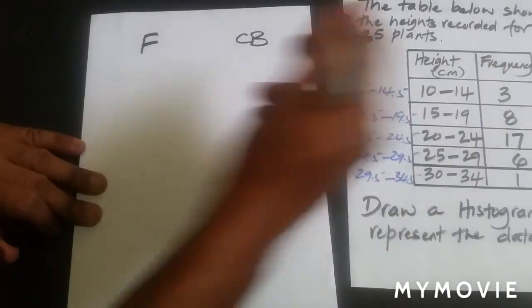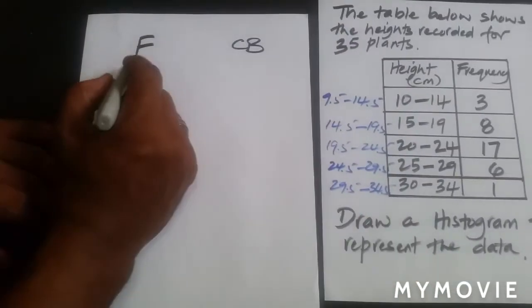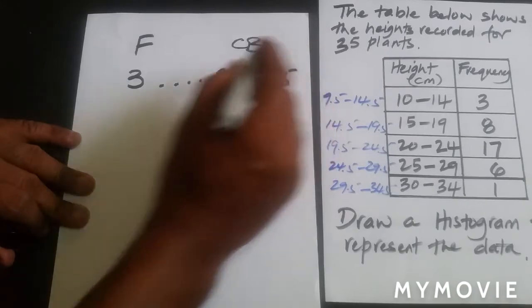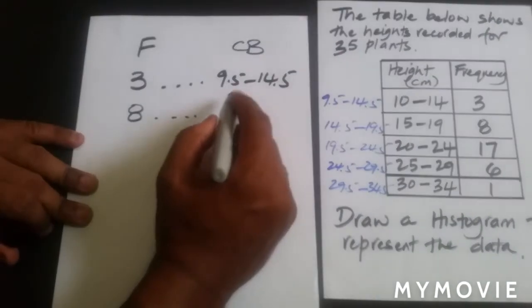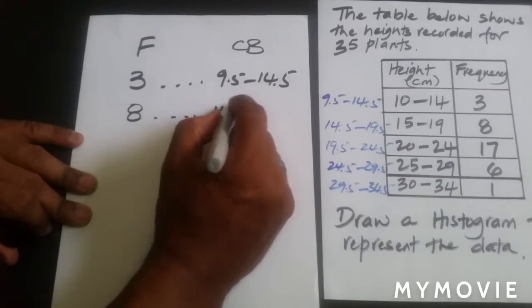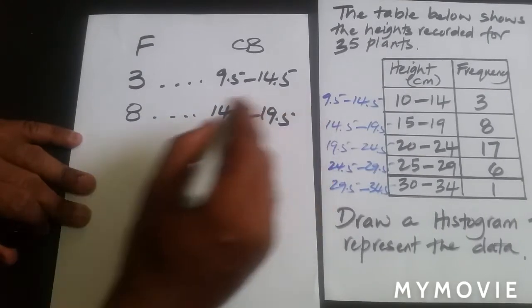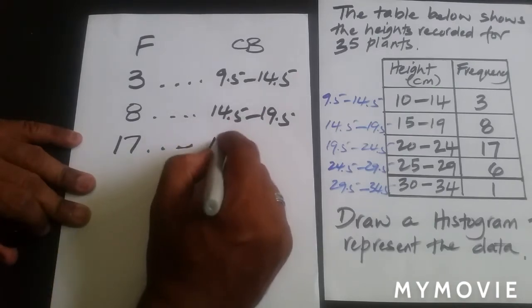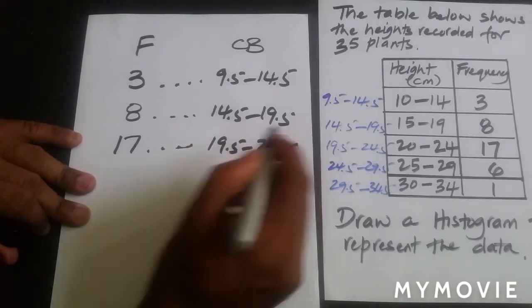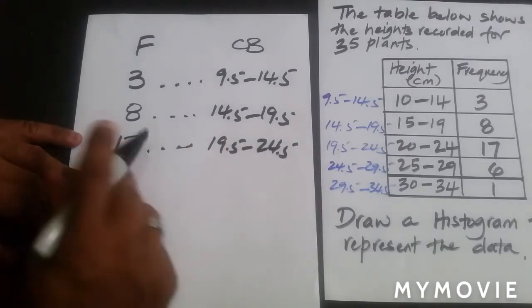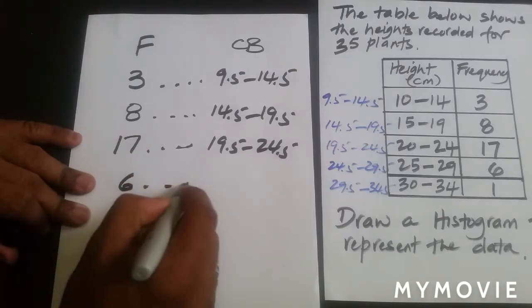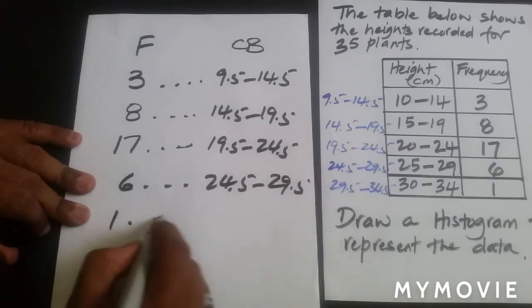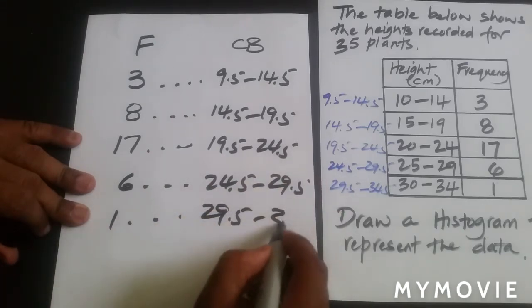So it would be 3, bring this over here. So 3 is going to be plotted against 9.5 to 14.5. 8 is going to be plotted against 14.5 to 19.5. 17 is going to be plotted against 19.5 to 24.5. 6 is going to be plotted against 24.5 to 29.5, and 1 is going to be plotted against 29.5 to 34.5.